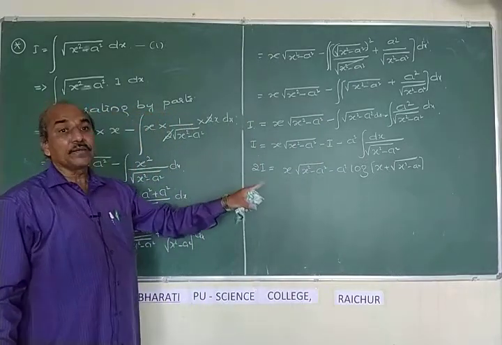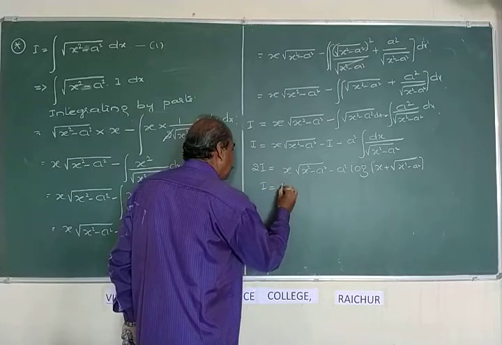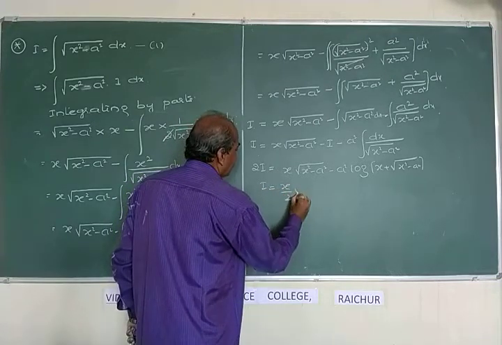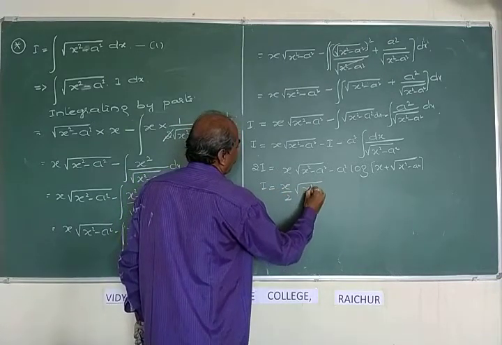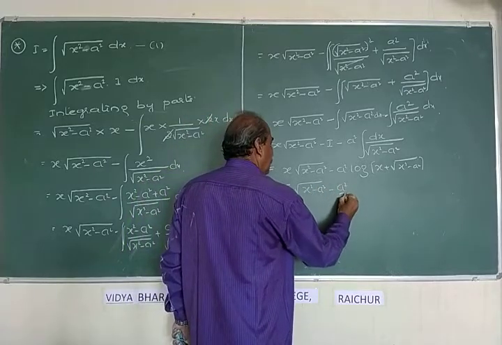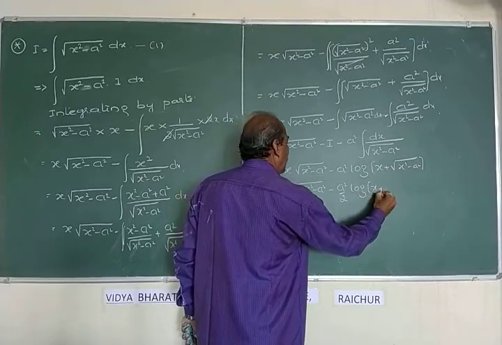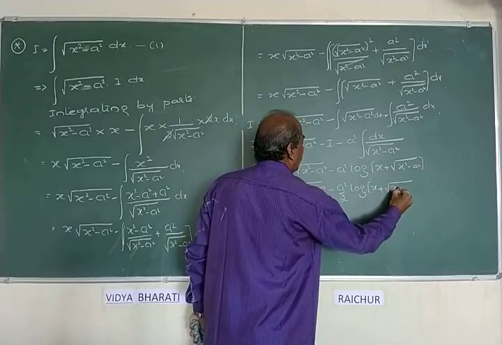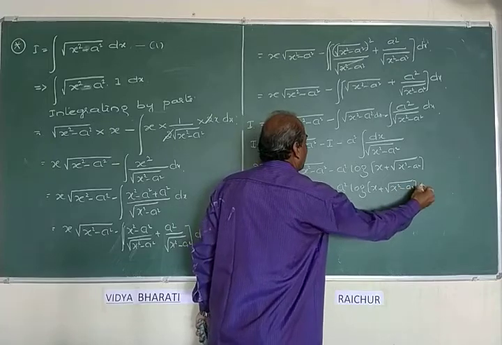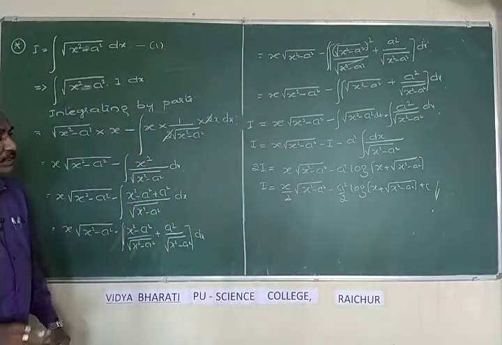So, taking a square outside, therefore from this I is equal to x by 2 into root of x square minus a square minus a square by 2 into log of x plus root of x square minus a square plus c will be the answer.